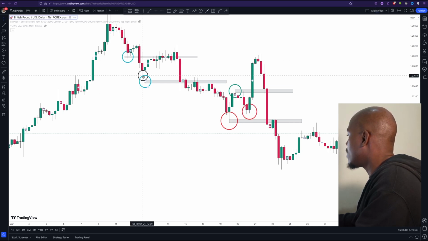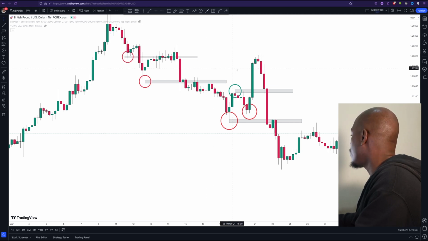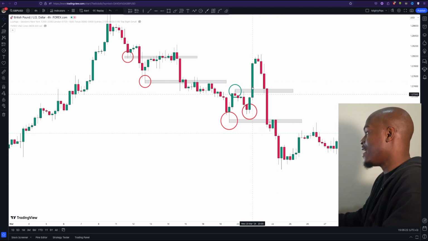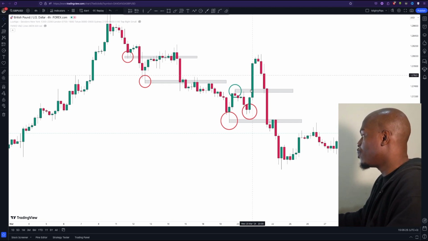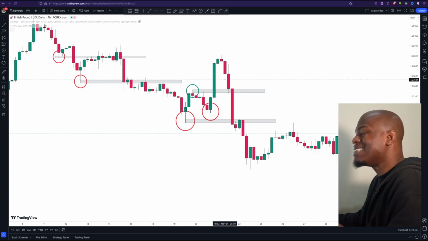I hope you guys are following, right? I hope you are following. Okay, so this green one is the high that is taken out by this bullish candle. Now, this is a breakout. This is a breakout candle here, but it is a false breakout candle.